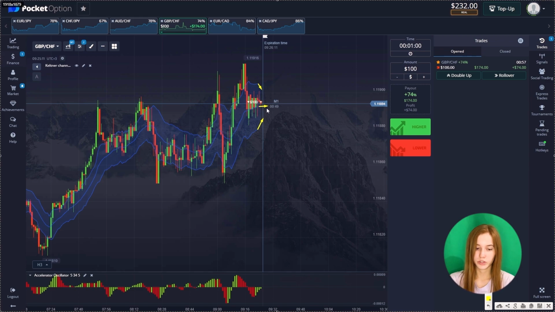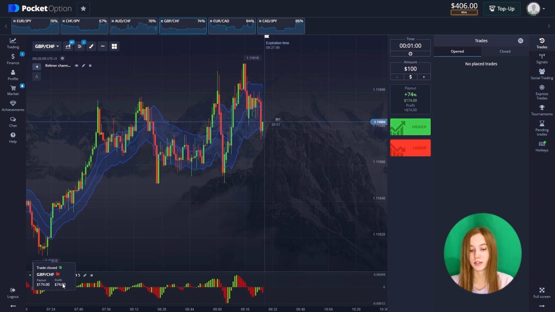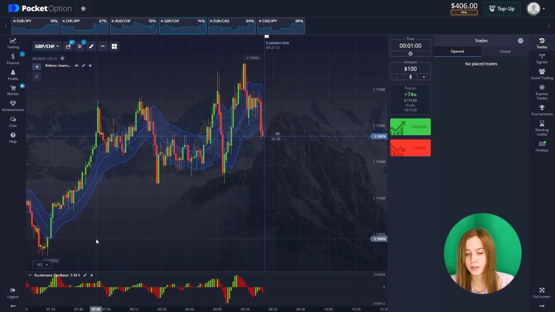Moving average line in the middle. Candles are still red. Drawdown trend. By oscillator we see growth, but if we look at it relatively, yes, it's growing, but still relative to this consolidation, we are moving in the uncertain direction. Drawdown strong. It's good. Plus deal. Profit is $74, if I'm not mistaken.